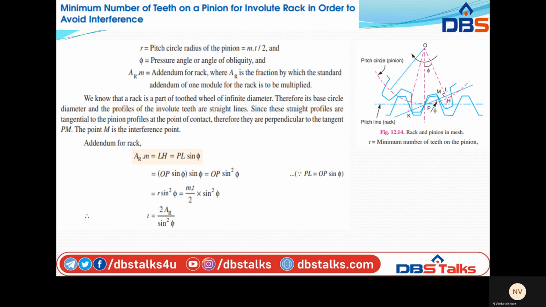So PL means OP sin phi into sin phi. So OP into sin square phi. OP means small r into sin square phi. Small r means small t by 2 into sin square phi. So small t is equal to 2 AR by sin square phi. So that is the formula.